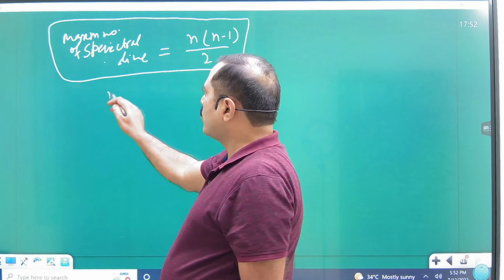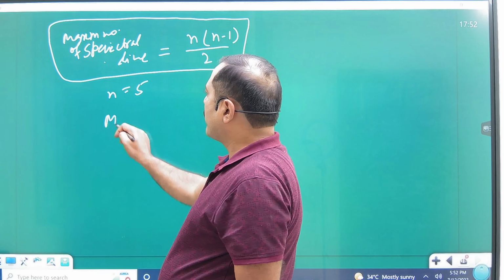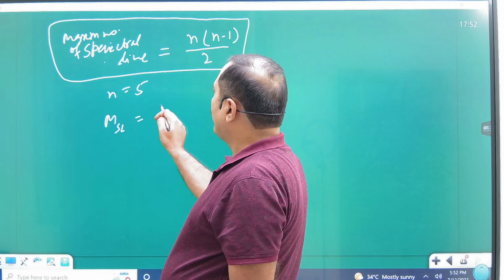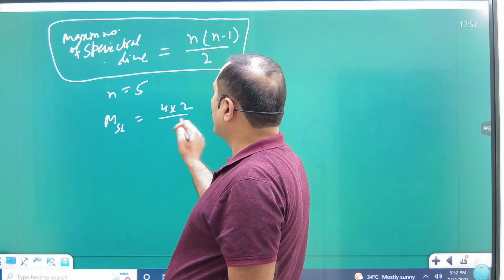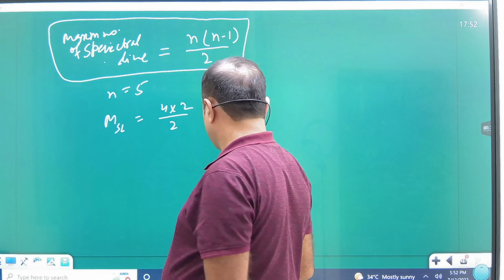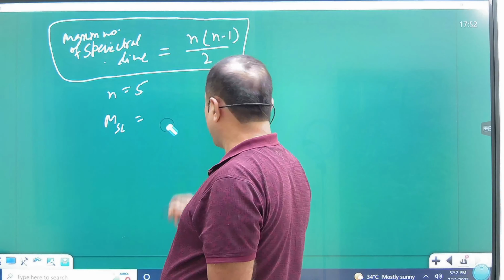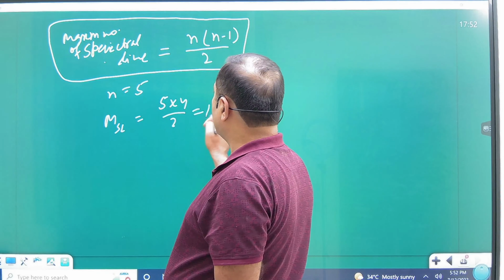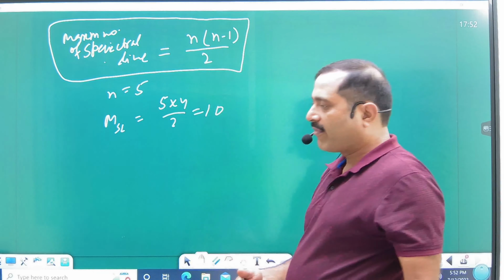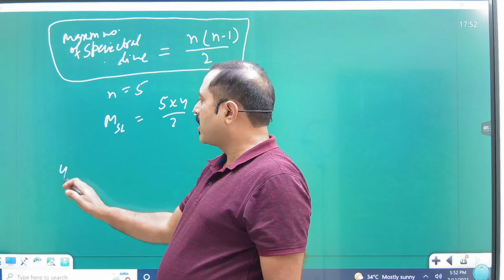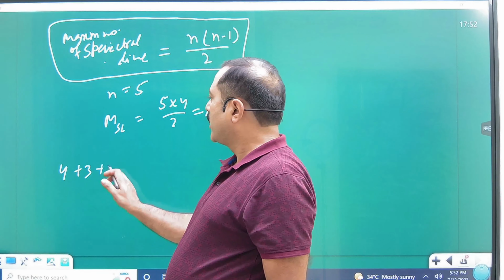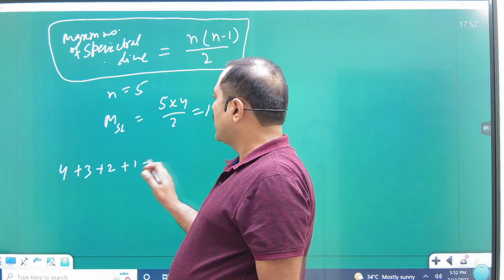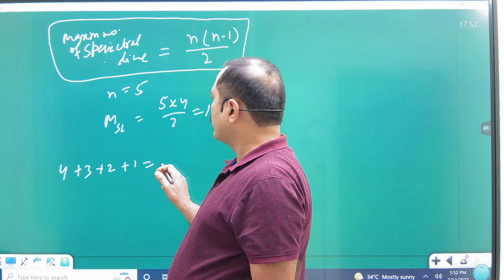If n is equal to 5, then the maximum number of spectral lines will be 5 into 4 by 2, that is equal to 10. From the figure it was clear that 4 plus 3 plus 2 plus 1 was also 10.